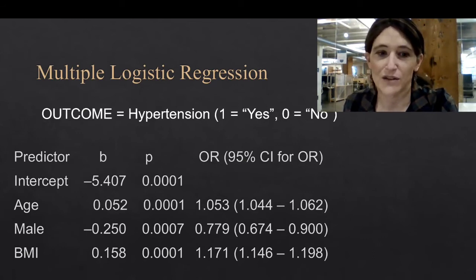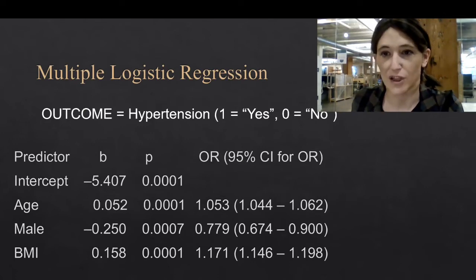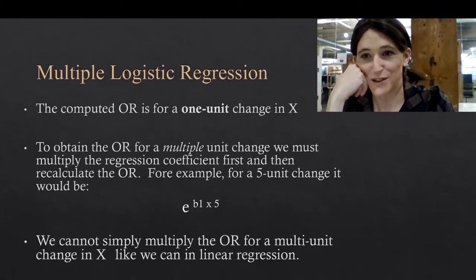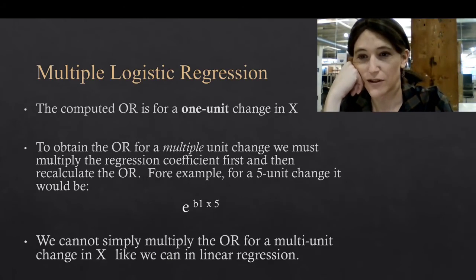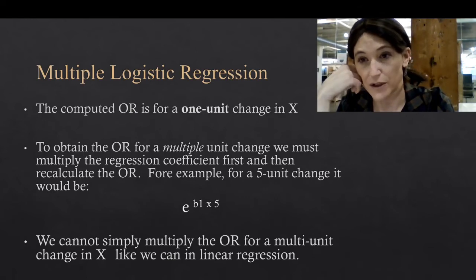So what we have to do is first multiply the beta coefficient and then calculate the odds ratio. And this is a mathematical issue. I could demonstrate it to you, but I think you get it, that you have to first deal with the coefficient and then you can get the odds ratio. Likewise, you would have to calculate new confidence intervals around that if that was your goal.